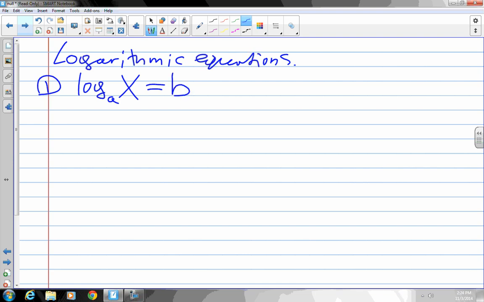So you have a logarithm on one side and a constant on the other side. The way we're going to solve this is to rewrite it in exponential form, meaning x equals a raised to the power b. That gets rid of the logarithm part of it.